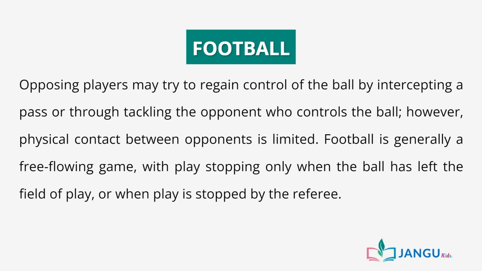Opposing players may try to regain control of the ball by intercepting a pass or through tackling the opponent who controls the ball. However, physical contact between opponents is limited. Football is generally a free-flowing game, with play stopping only when the ball has left the field of play or when the play is stopped by a referee.